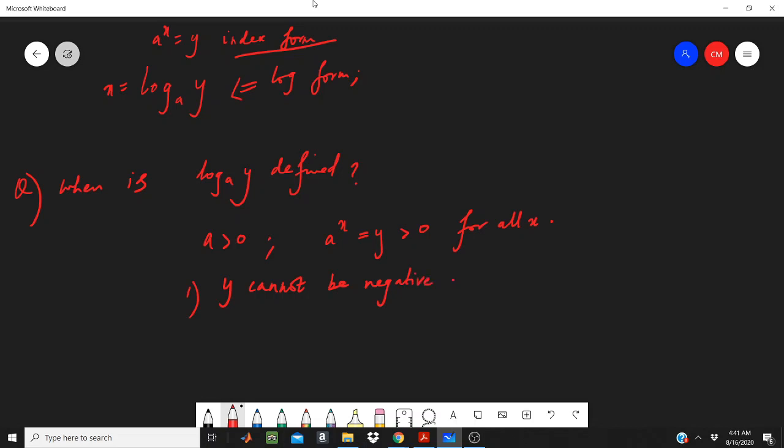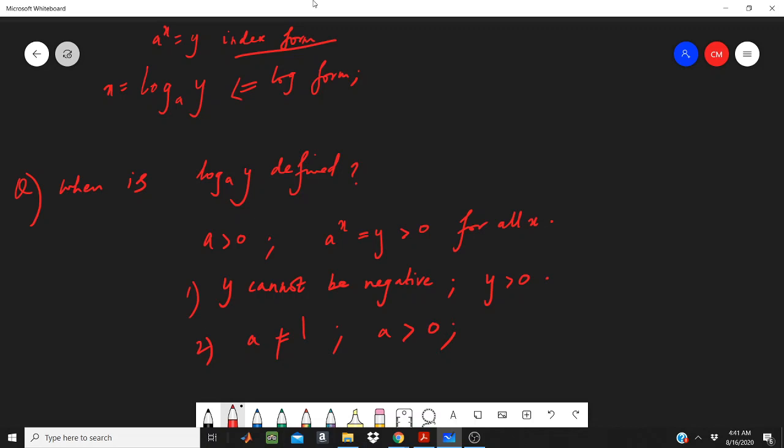Is there any other rule that you can think of? We can also write this down as y greater than 0. Another rule is that a cannot be 1 and a must be greater than 0.